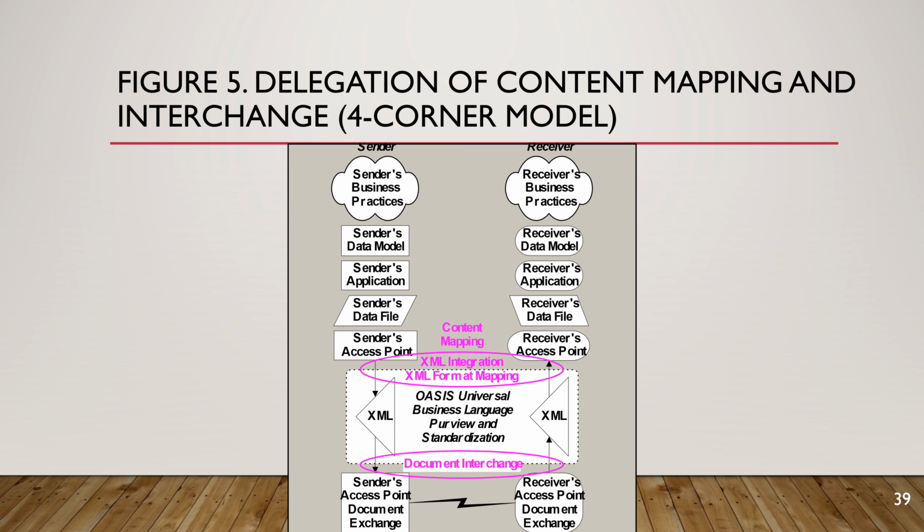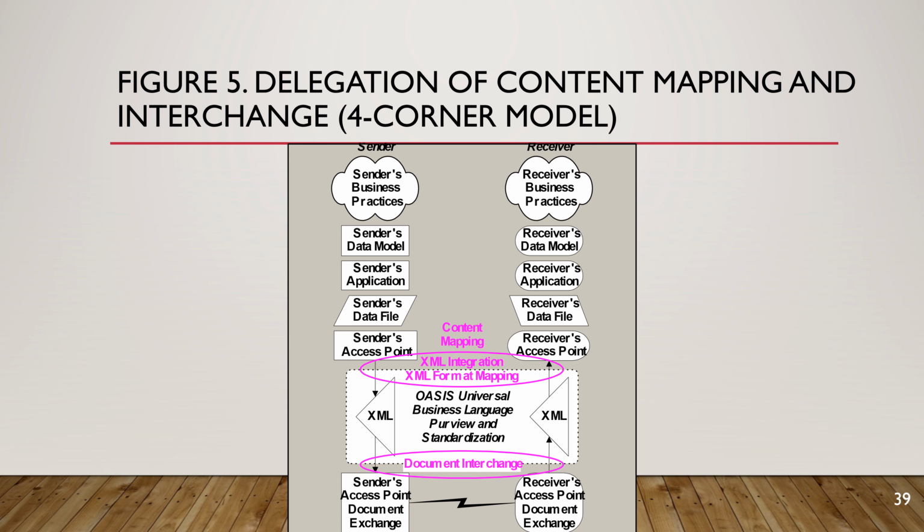And it's up to that access point to do the translation of that sender's data format into a common generic interchange format. And that's what gets transmitted across the bottom as part of a document exchange. The sender's access point document exchange sends that universal format over to the receiver's access point document exchange agent.